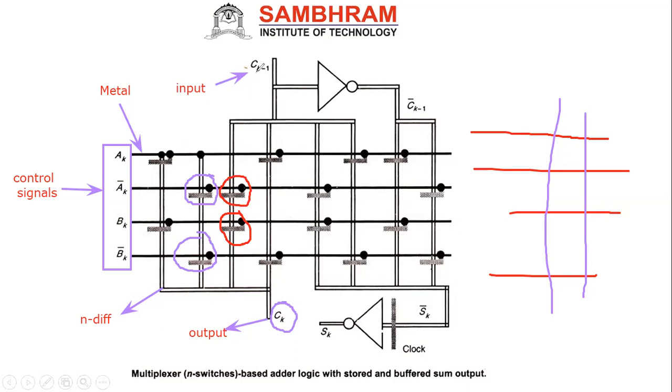CK minus 1 dot AK bar dot BK. I'm giving the input directly because the diffusion is the input. So my output CK is CK minus 1 dot AK bar dot BK.